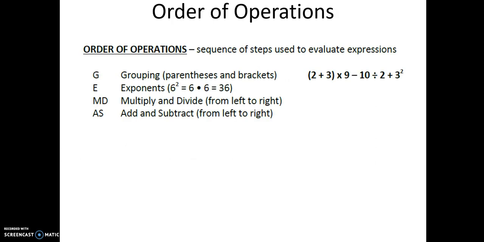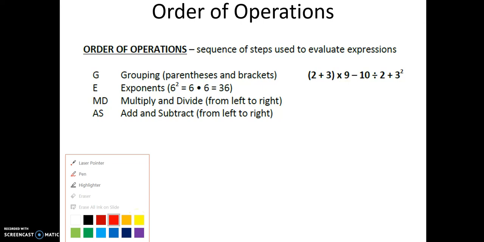Okay, so the first thing we have when we open up our book is the order of operations. Grouping, parentheses and brackets, is the first thing that we do, and we have an example problem to the right, so we're going to do that example problem.